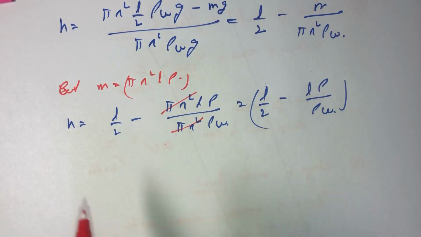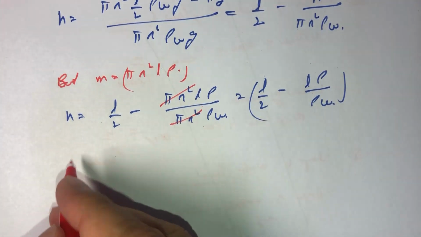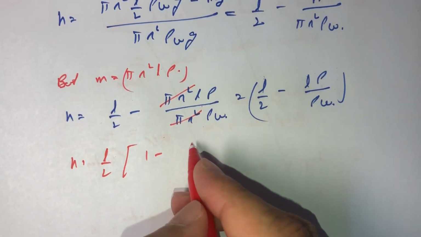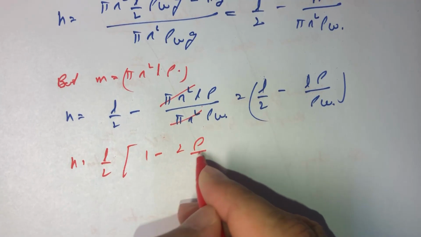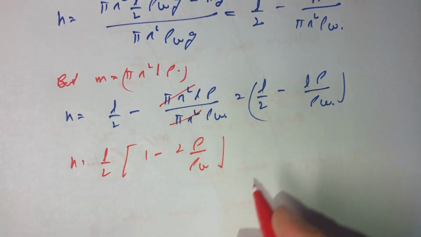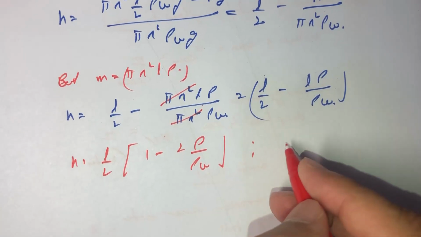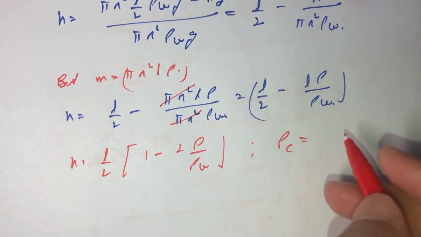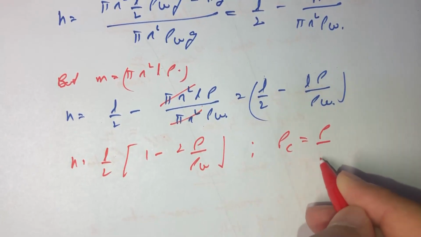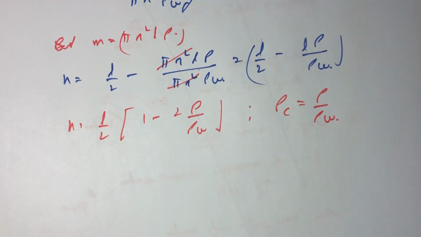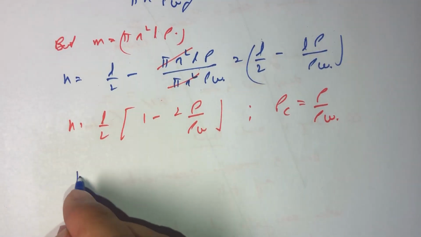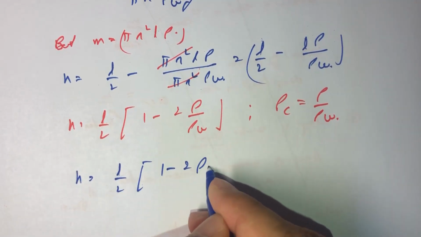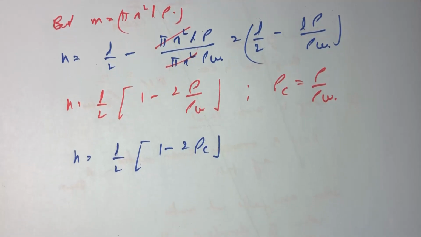Taking L by 2 common, we get h is equal to L by 2 times 1 minus 2 rho upon rho w, and we know that the relative density will be given as rho upon rho w. So therefore we get h is equal to L by 2 times 1 minus 2 rho c.